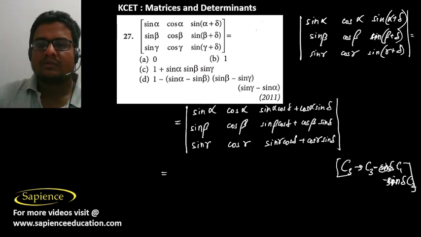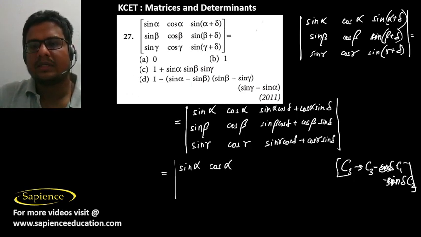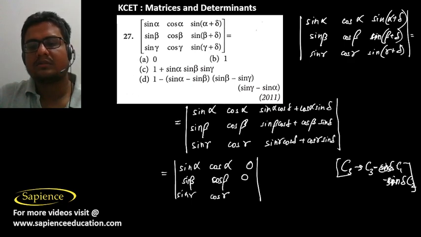If we do this, then this part will get cancelled, since if we do cos delta into C1 and sin delta into C2, those parts will get cancelled. So this will become 0, then sin beta, cos beta, 0, then sin gamma, cos gamma, 0.